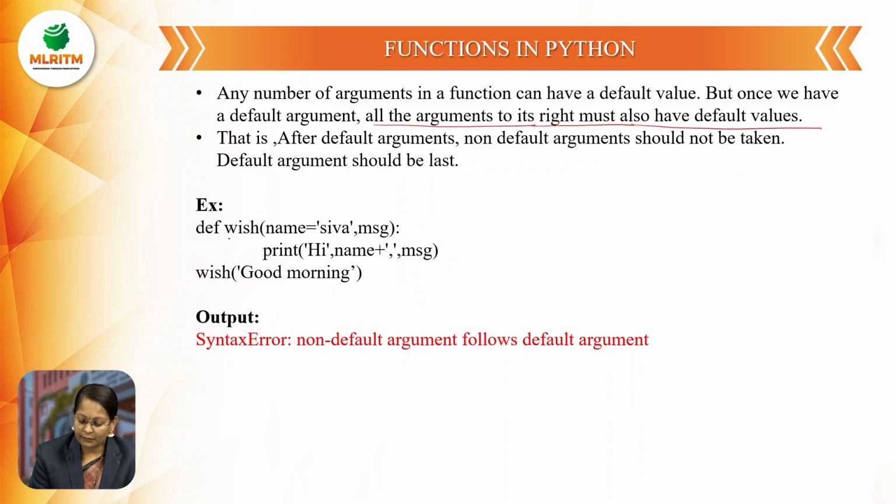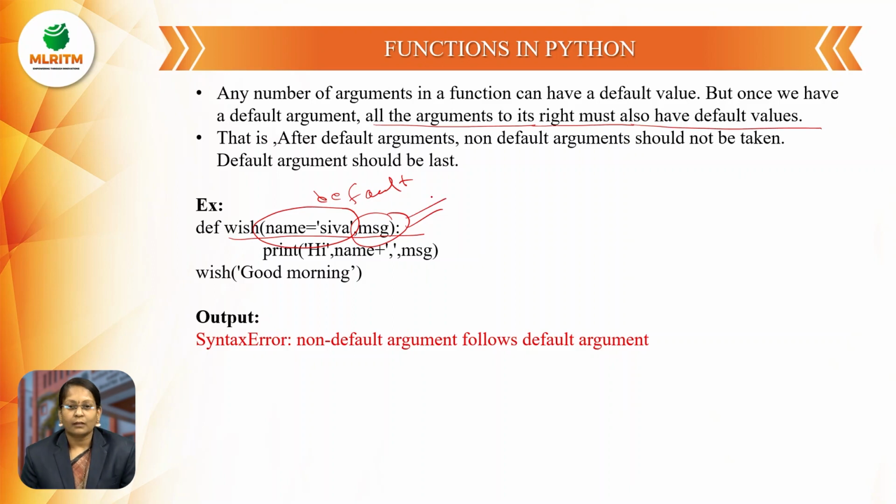Example, def wish name is equal to Shiva, message. So here name is equal to Shiva is a default argument. Message is a non-default value. So what is the rule? Arguments on the right side must have default values.